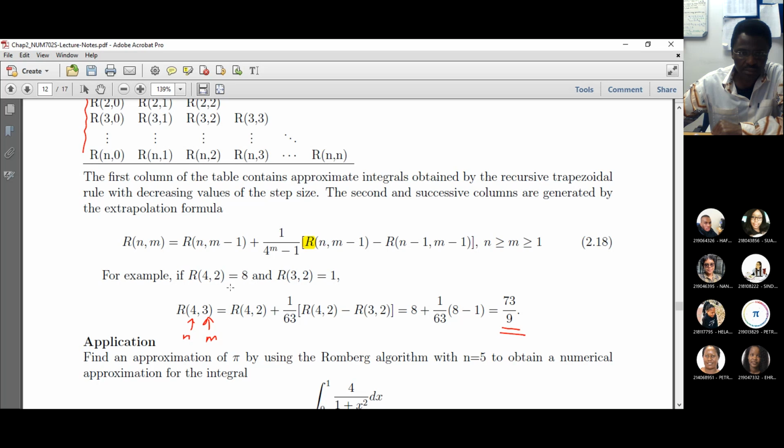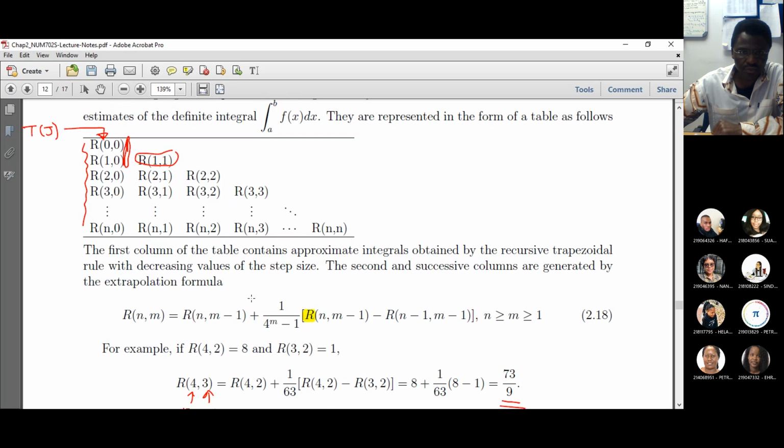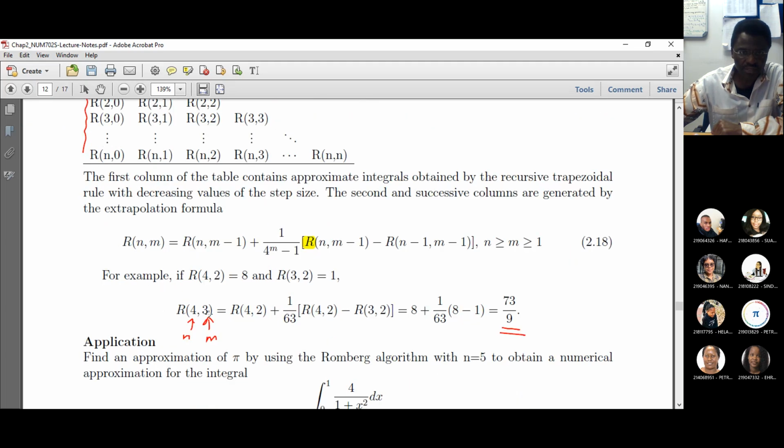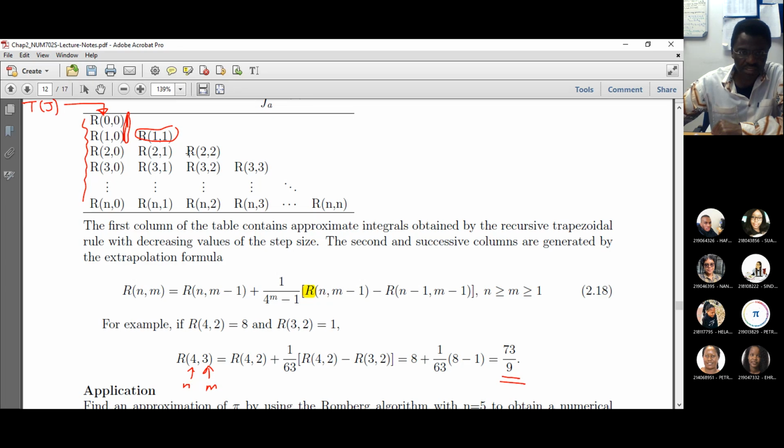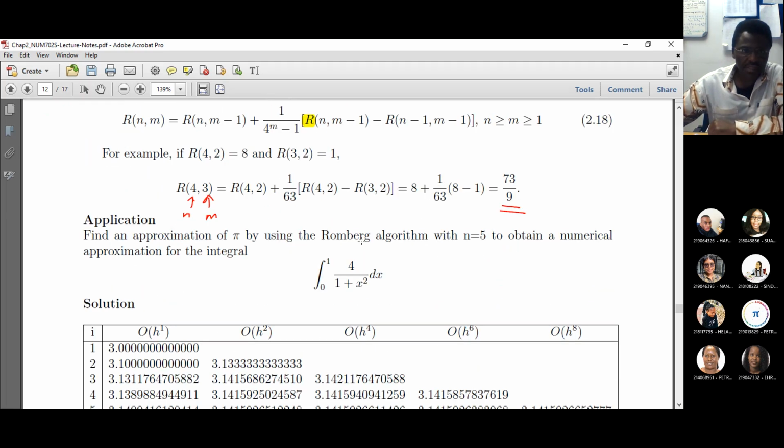What is it? 3, 2, and 4, 2. 3, 2, this one, and the next one, 4, 2. And we compute the next one, which is 4, 3. Right? That's what we are using. So the entries in the same column are given, and then we compute the next one in the next row, in the next column, but of the lower row. Okay, so that is it.